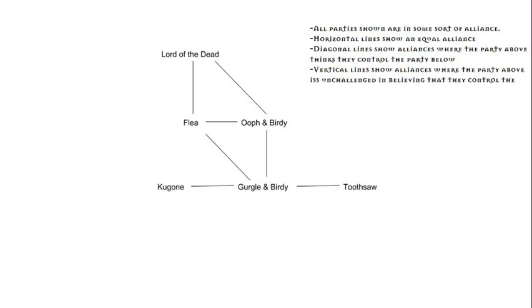So we've got the diagonal lines that show like the Lord of the Dead is controlling Oof and Birdie, or at least he thinks he is, and they are aligned, whereas Oof and Birdie are clearly controlling Gurgle and Birdie, and then these horizontal lines just mean there's a completely neutral alliance or completely mutual alliance.